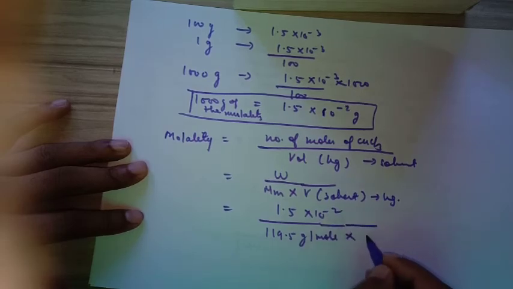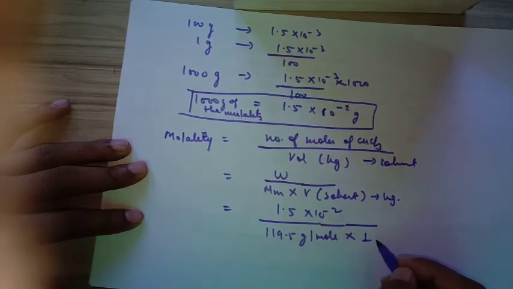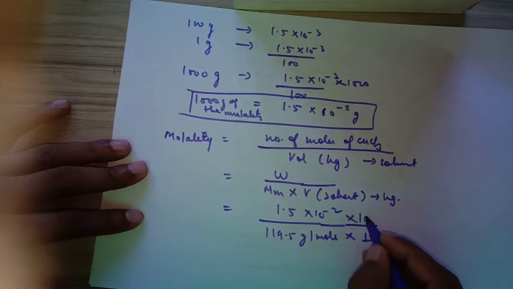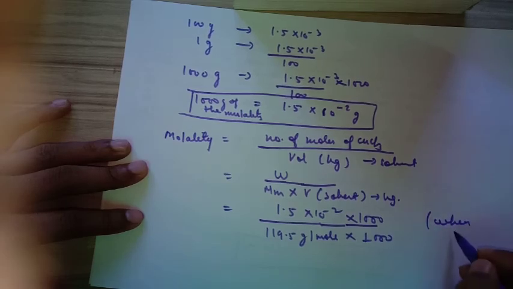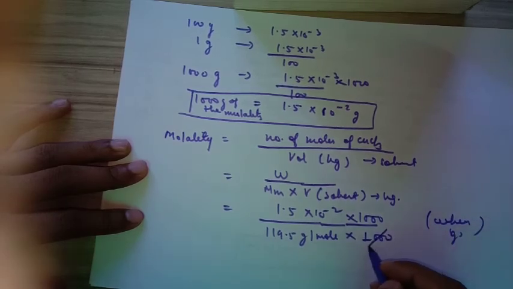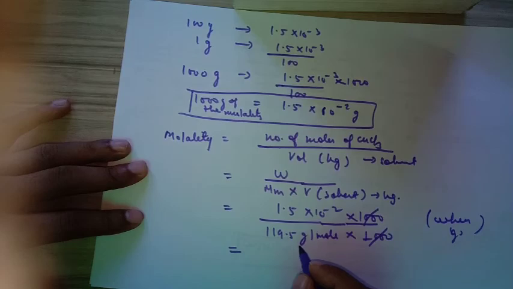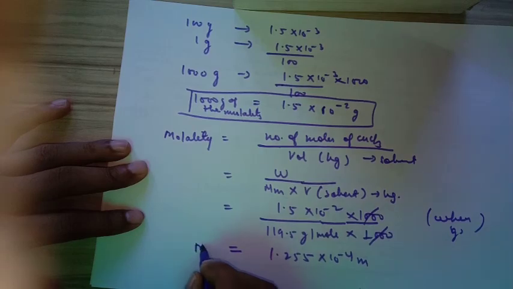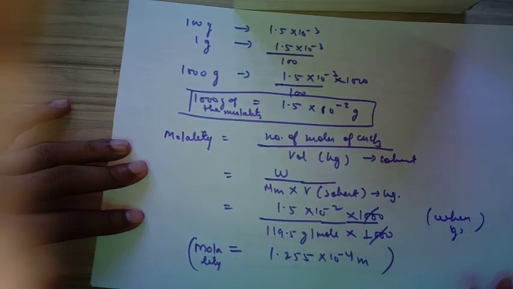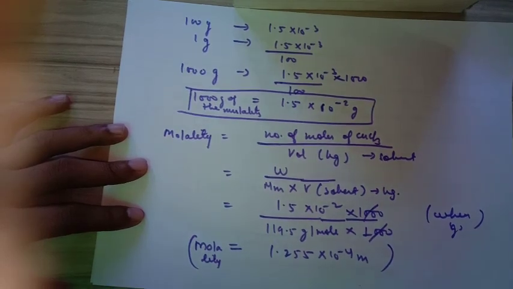Here the mass of solvent is taken as 1 kg. We can take 1000 gram. So over here we have to multiply it by 1000 when we have taken in grams. So this will cancel out, and this will come out as 1.255 into 10 to the power minus 4 m. So this is our molality. In this way we can find molality. Thank you.